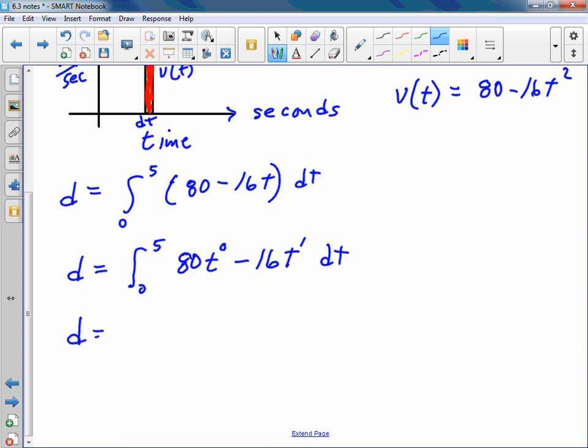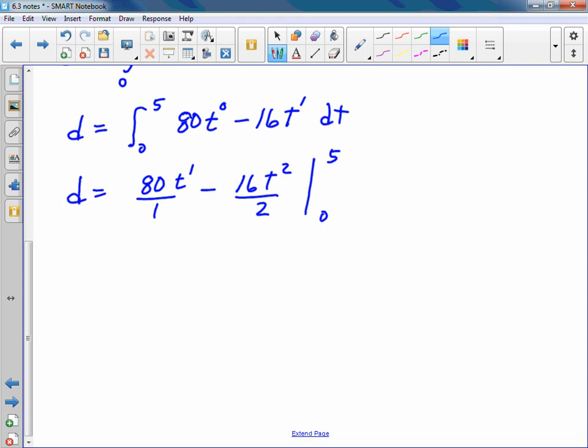So that gives us d equals 80 t to the first over 1 minus 16 t squared over 2 evaluated from 0 to 5. So now we have d equals, I love these guys, 80 times 5 minus 16 times 5 squared.